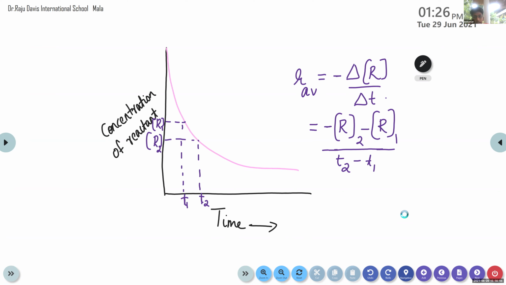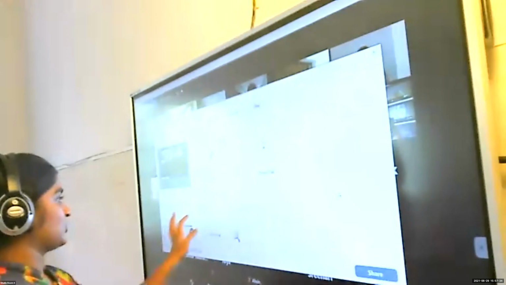Delta R is minus, right? So when we expand it, R2 minus R1 should become positive. It's here in the brackets. R2 minus R1. Punya, try once again. Ma'am, I had the same doubt. Yes, same doubt. Okay. So is this clear now?